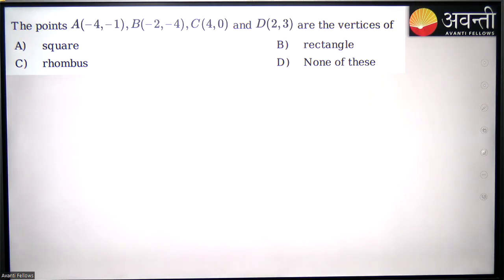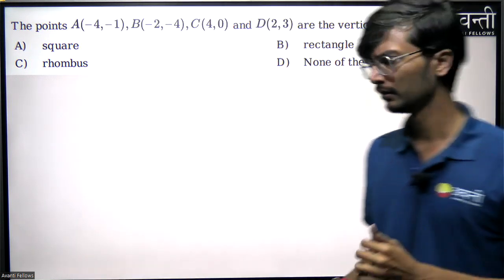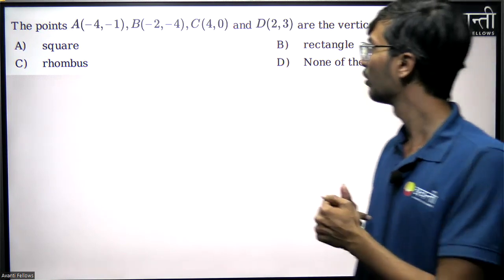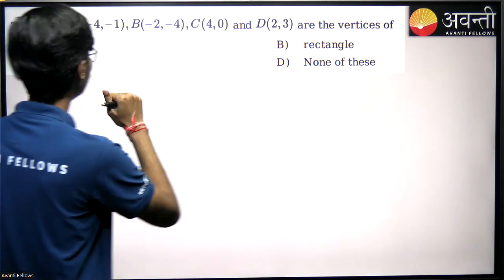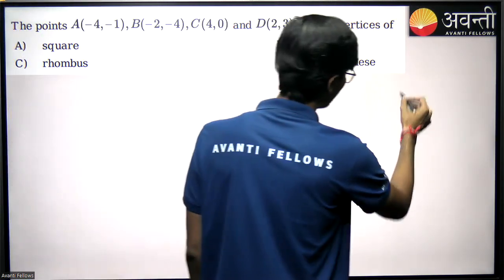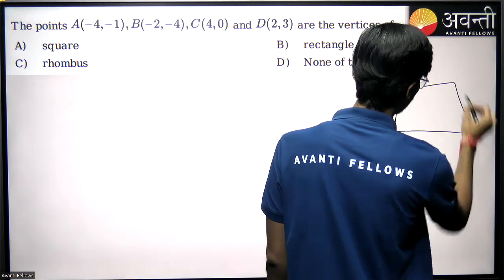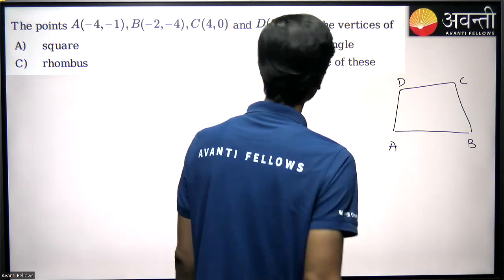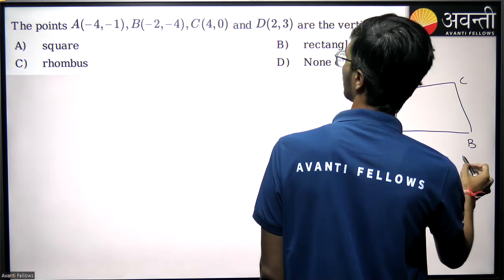Yeah. So this is again a very simple classic example of a straight line. So let's see, the points A, B, C, D are given. Let us draw any quadrilateral here. Let's say this is point A, B, C, and D. In these types of questions, the first and foremost thing to do is find the distances, right?